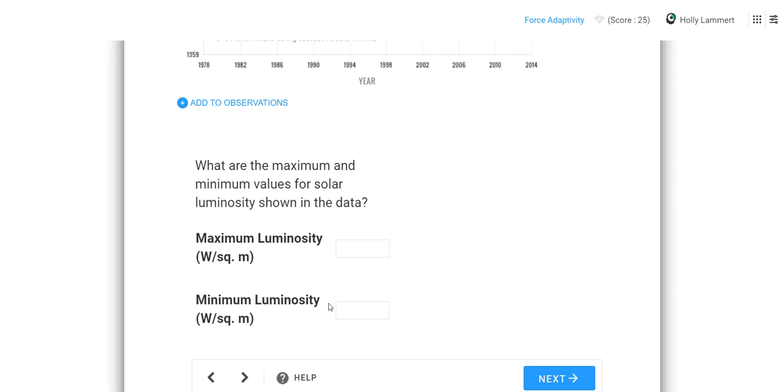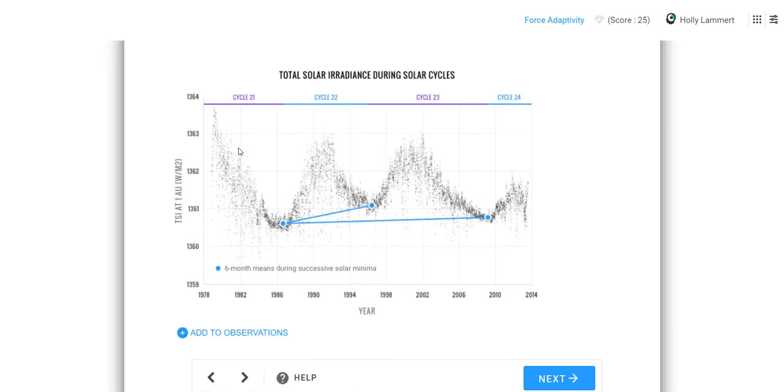What are the maximum and minimum values for solar luminosity shown in the data? Maximum luminosity, total, so that's going to be over here on the left. What is the maximum? I would say something like 1364.